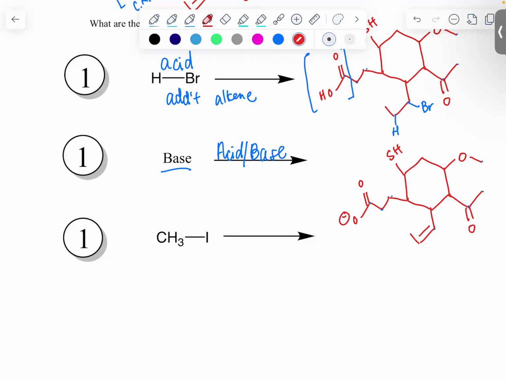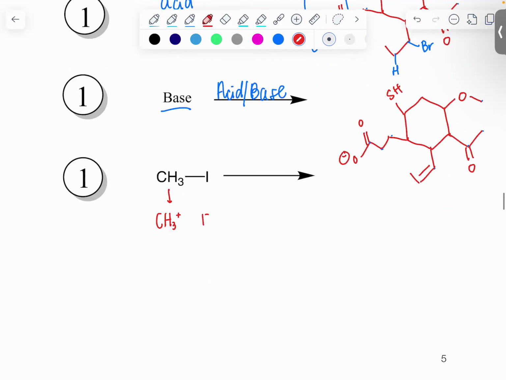And finally, we have CH3, or this methyl iodide, which can also be drawn as, and so we can do, in a sense, a nucleophilic substitution with our thiol group here.